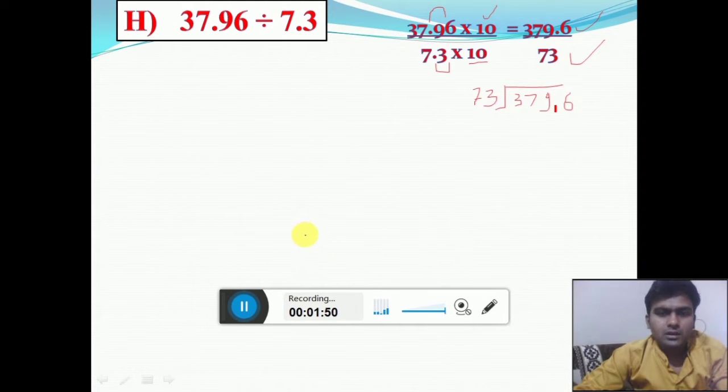Now here the number inside is 379. Now we will read the table of 73. So let's see, 73 1 is 73, 73 2 is 146, which is less than 379. So we will multiply this 73 by 5.